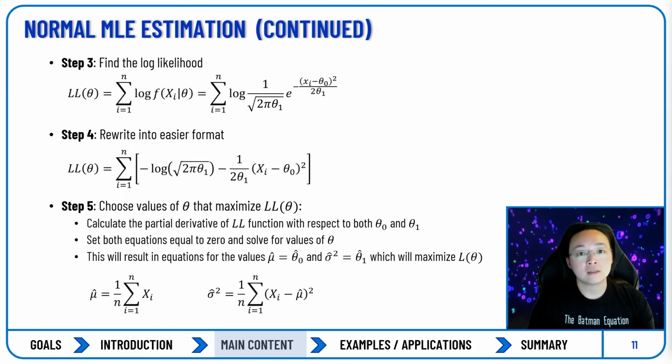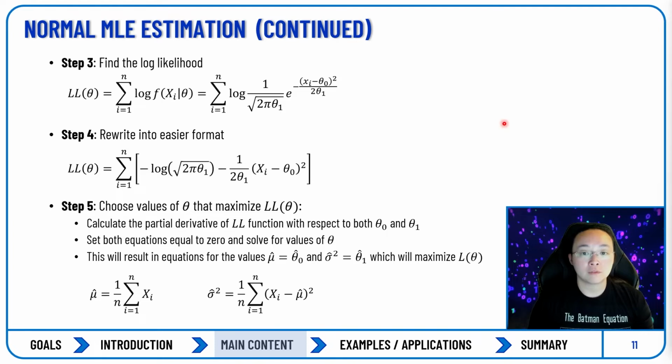Now, step 3. Because we're trying to find the argmax, or we're trying to maximize the likelihood function, and we know that it's easier to maximize the log likelihood, we first take the log of everything. So we're going to take the log of the likelihood function and end up with this. Now that we have this, we can rewrite it into an easier format like this.